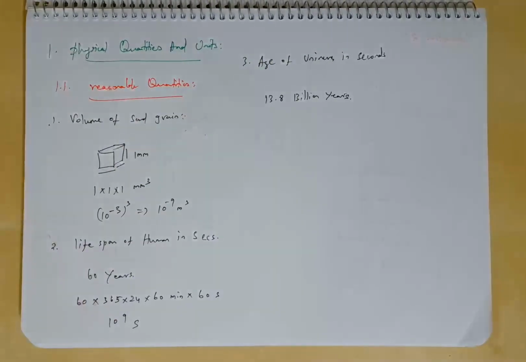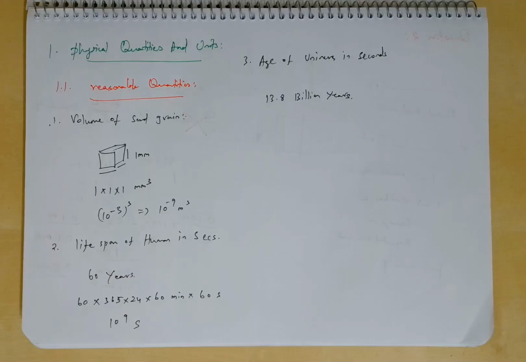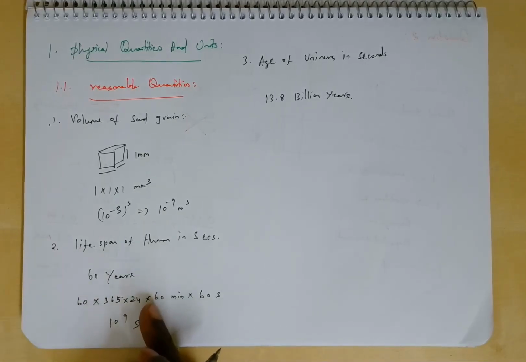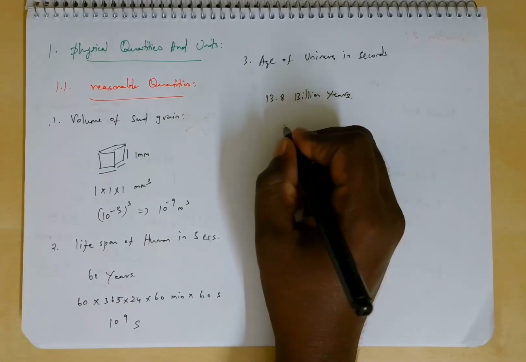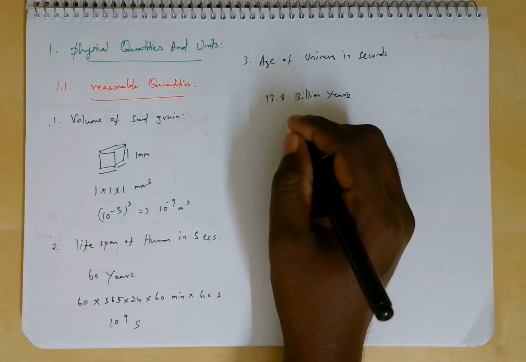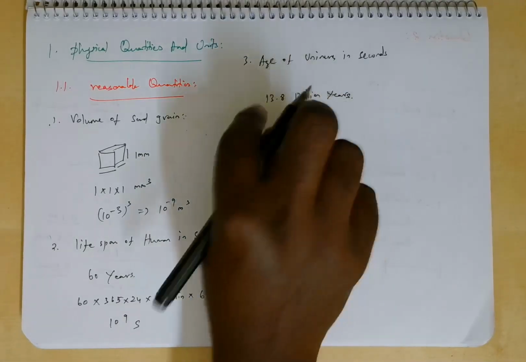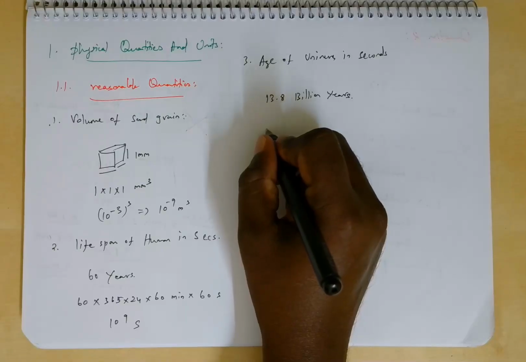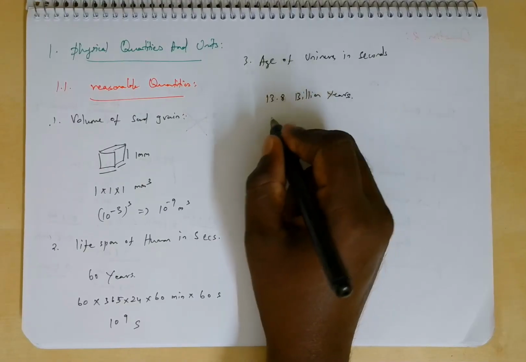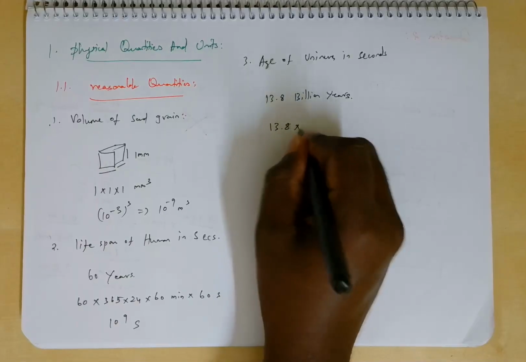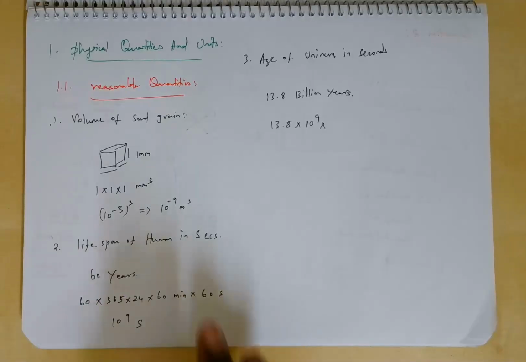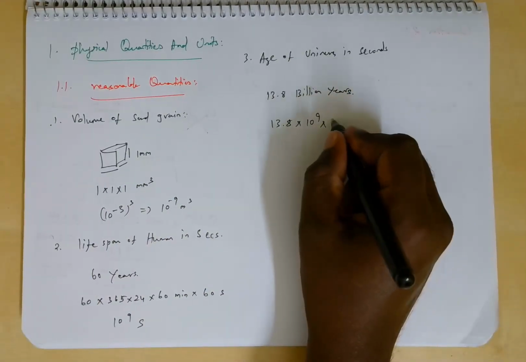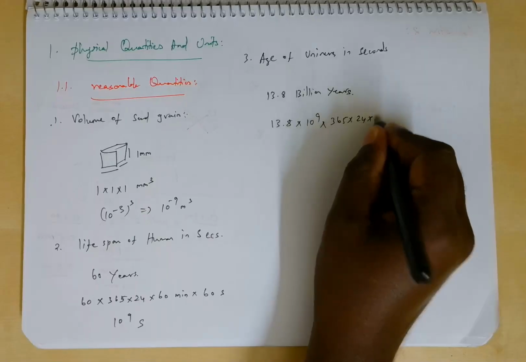From this, how will you convert into seconds? We just have to find how many seconds in 1 year first. The detailed value will be 13.8 into billion, which is 10 power 9, into 365 into 24 into 60 into 60.